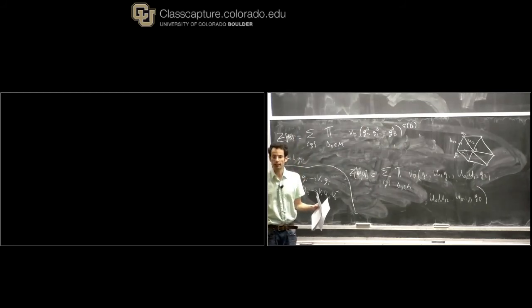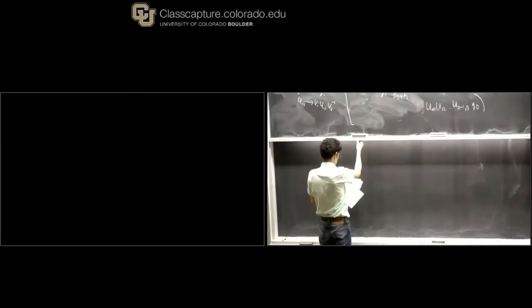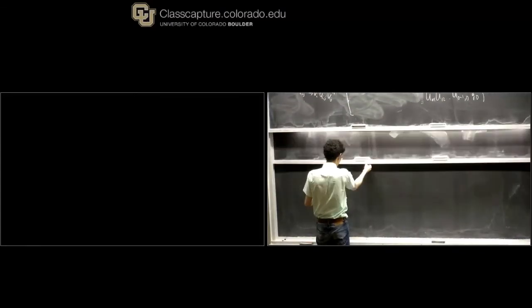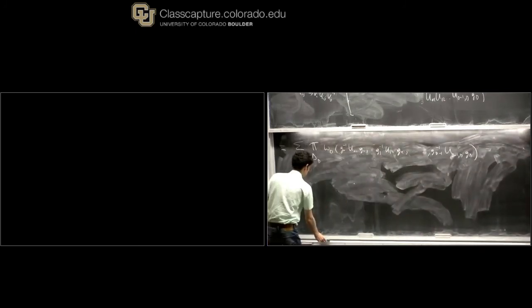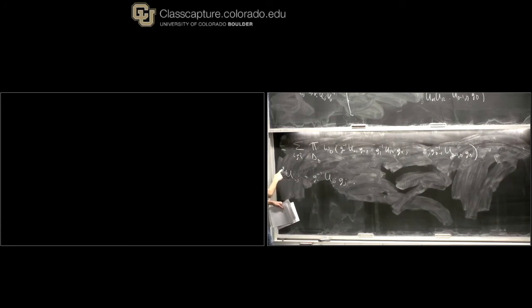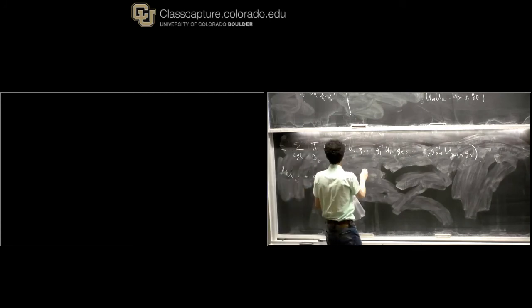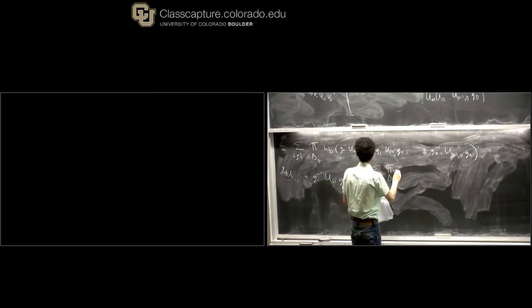Well, it's just like I took my U's and gauge transformed by G. I can think of U^G_ij as G_i inverse U_ij G_j. This is U gauge transformed by G. So I can write this as a sum over G, product of a delta D.